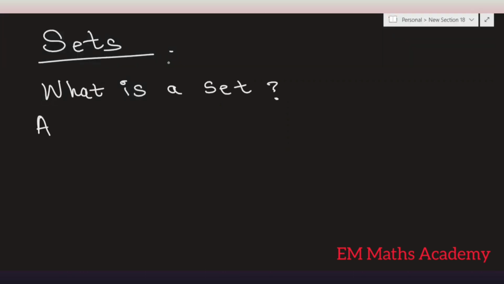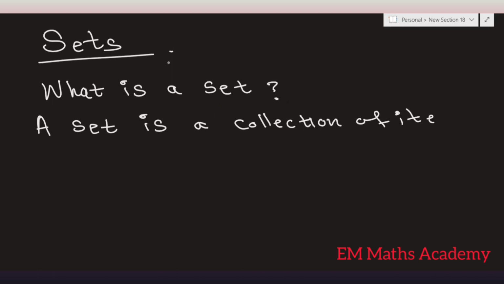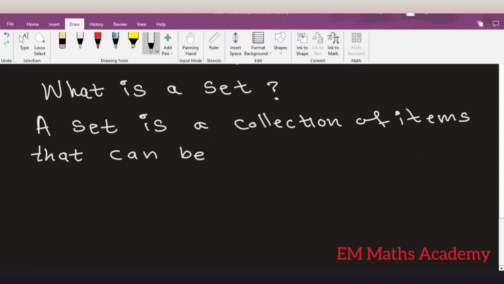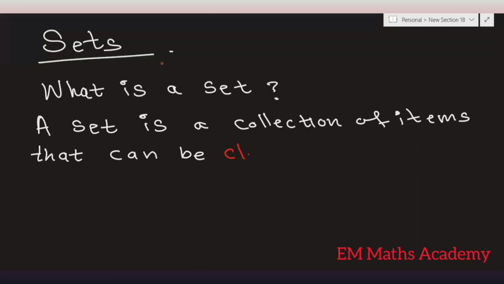A set is a collection of items. Now, when it comes to a collection of items, it is not enough to be just a collection of items, but they should be clearly identifiable.